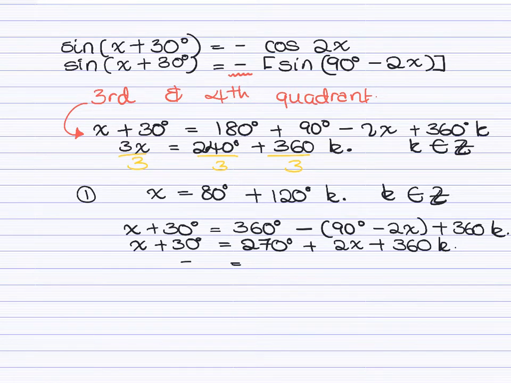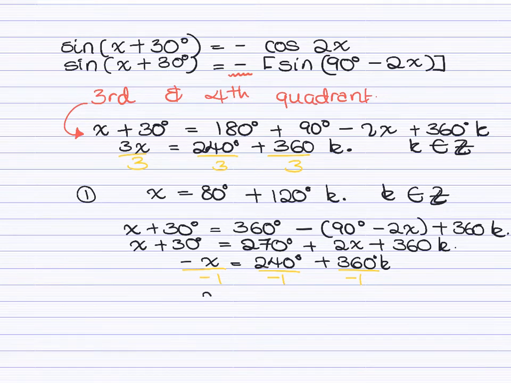When I do this, I end up with negative x equals 240 degrees plus 360k, right? I have a negative sign there. Either you divide by -1 or multiply the entire equation by -1.